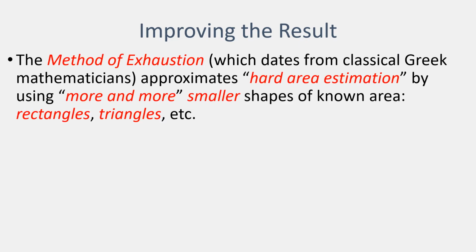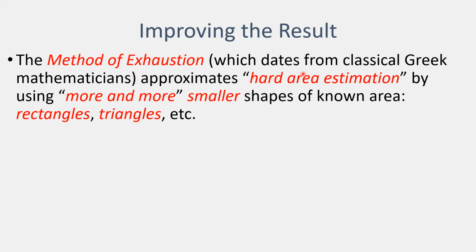So suppose we try and extend that idea of looking at the measurement of rectangles but using better and better approximations. What do we find? Well, the technique I've just been describing is what is called the method of exhaustion.